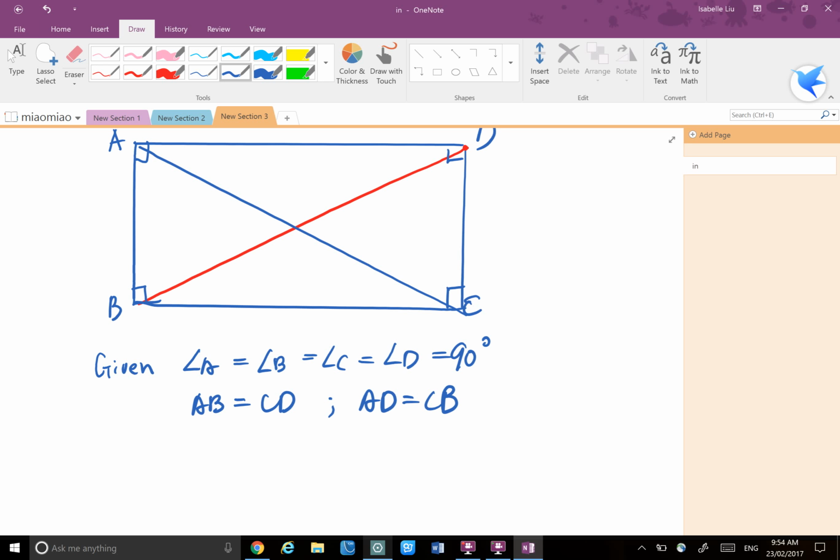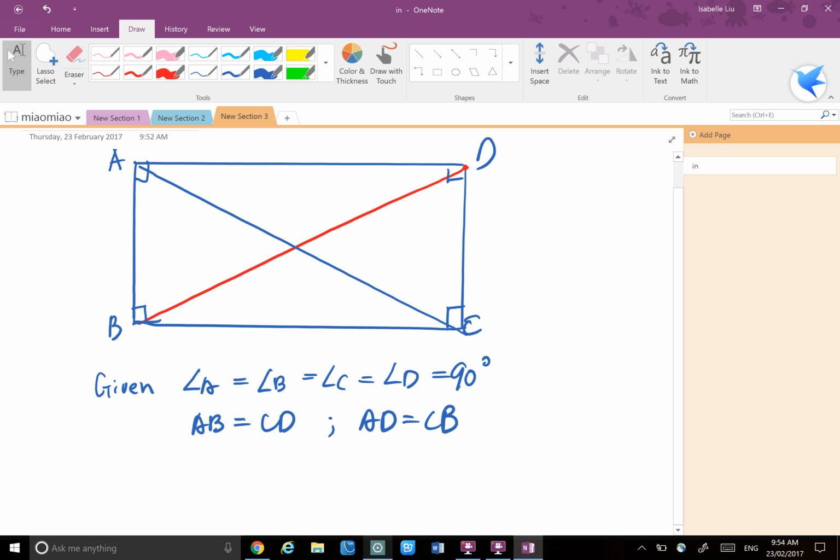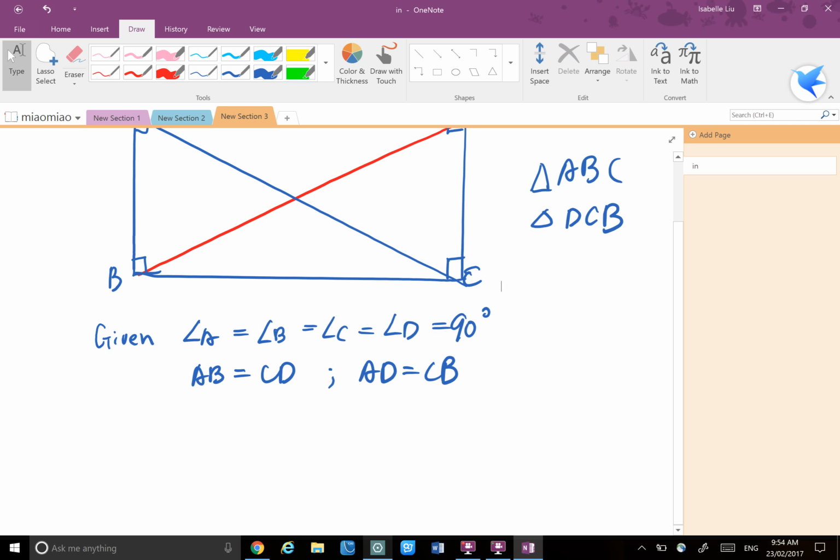I want to look at triangle ABC, and also triangle DCB. If I can prove those two triangles are congruent, then the corresponding sides must be equal. So let's work on this.